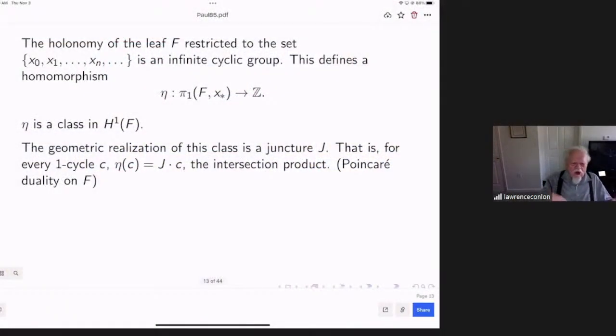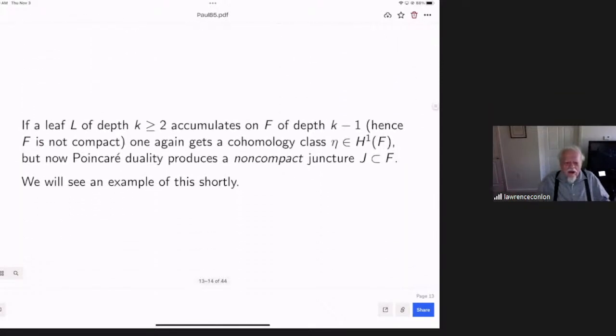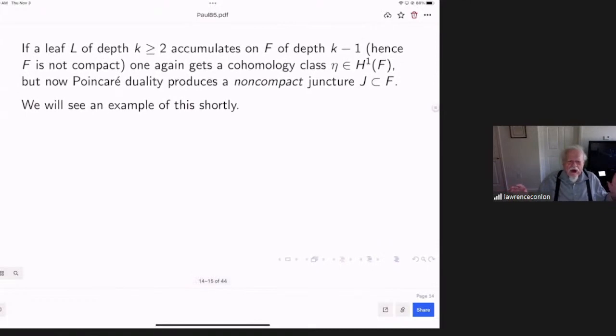For every one-cycle C, the evaluation of the cohomology class on C is simply the intersection product of the juncture with C, and that's Poincaré duality. We don't need to go to Thurston for any of this.